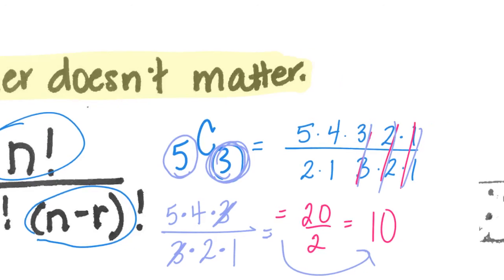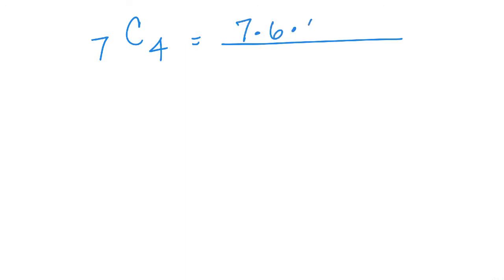Let's look at another one. What if I have, we'll make it long just for fun, 7 combination 4. I'm going to take 7 factorial 4 times, divided by 4 factorial. When I cancel out, I like to be a little crafty.